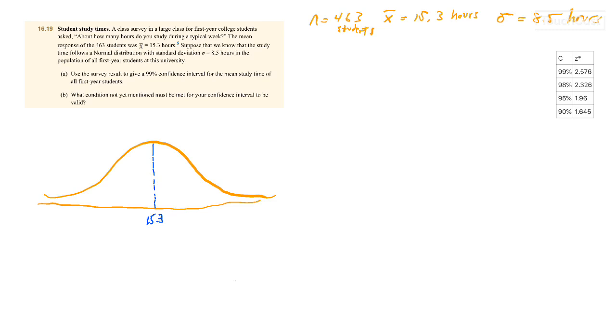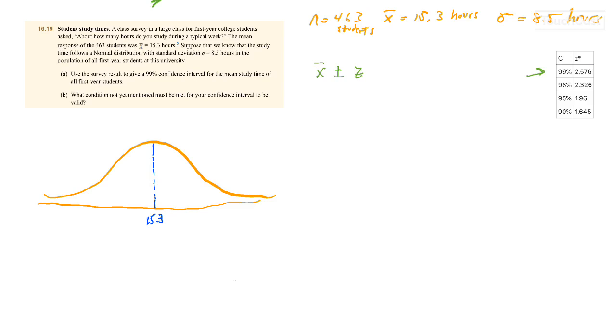Now, if we want to figure out the confidence interval, we use the formula x bar plus or minus some z-score, depending on what confidence level you're considering. I've added over here a listing of some of the typical confidence levels.